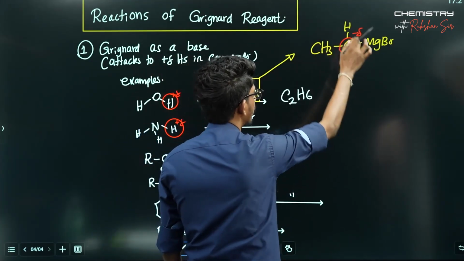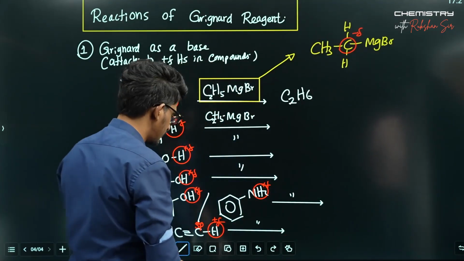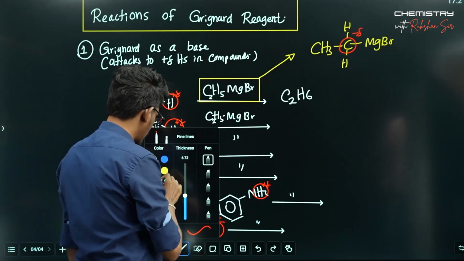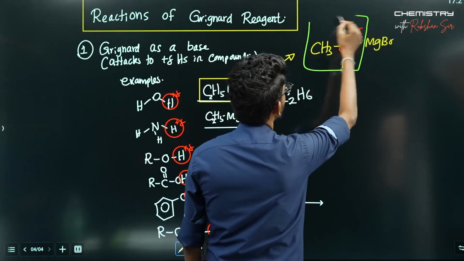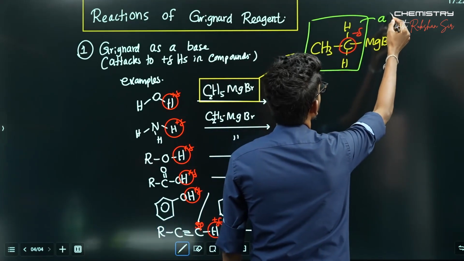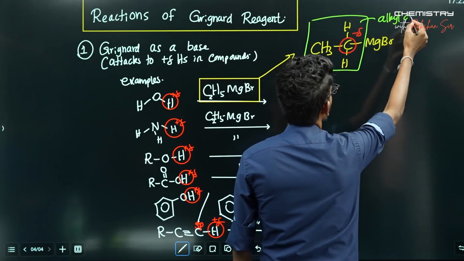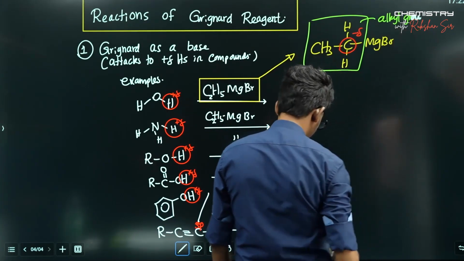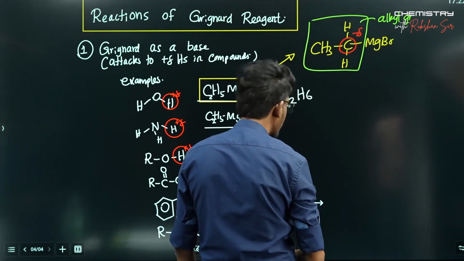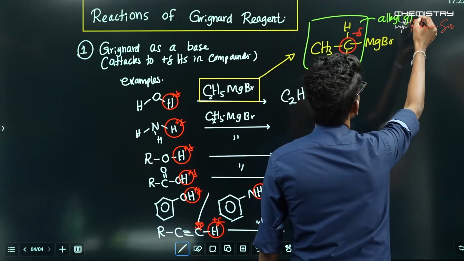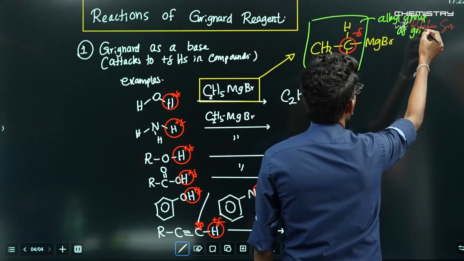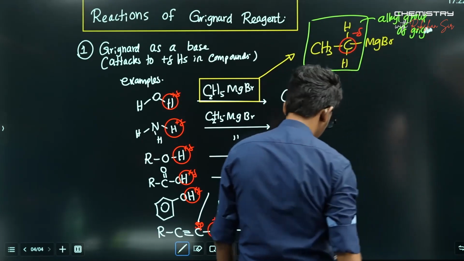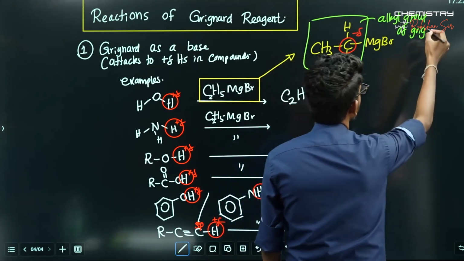The alkane of the alkyl group of the Grignard will form. This is the alkyl group of the Grignard.